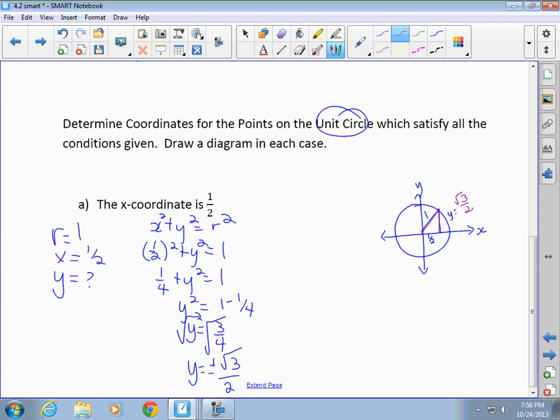For y to be a negative square root 3 over 2, because I have to do it for both cases, then my x value still has to be a positive 1/2. So I know my x is going to stay in the same spot, but now in this case my y is going to be the one that's in this quadrant here. So this one has y equal to negative square root 3 over 2. So there's two possible solutions to this graph.